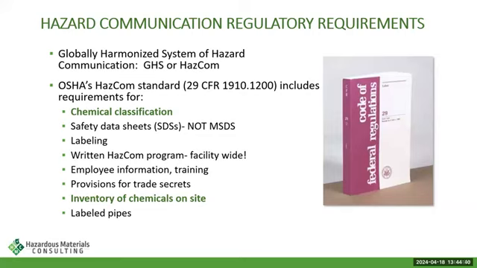Also under this standard is the requirement on safety data sheets, and we'll talk a bit more about that. Labeling is covered. Additionally, any facility that has chemicals on site, if you are collecting safety data sheets, you're also required to have a written hazard communication plan. What that written HAZCOM plan covers is how you are going to effectively meet all of these requirements.